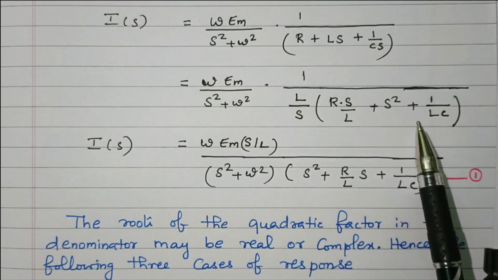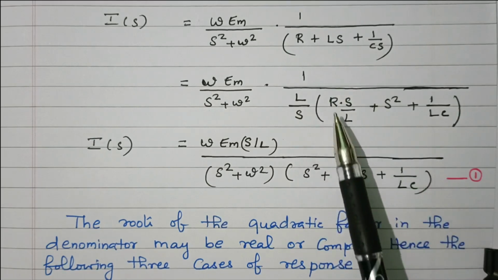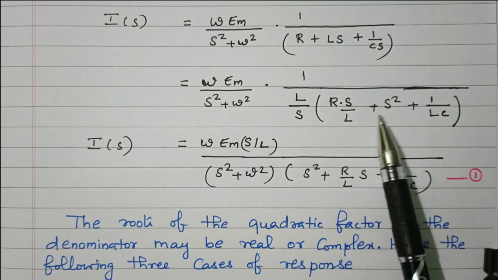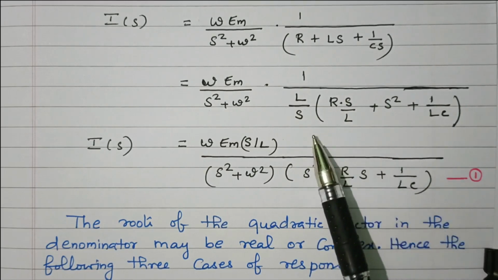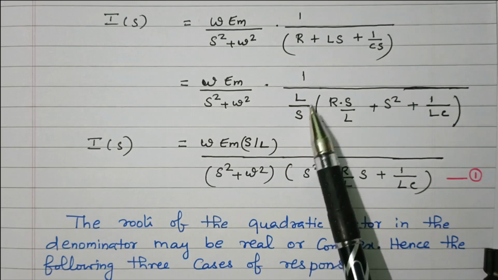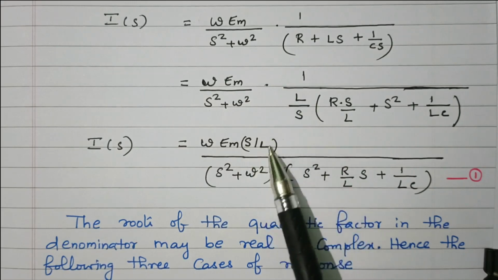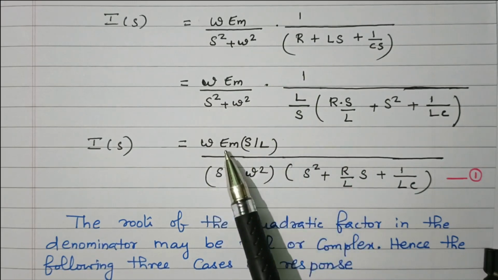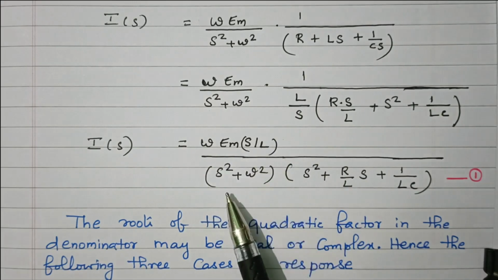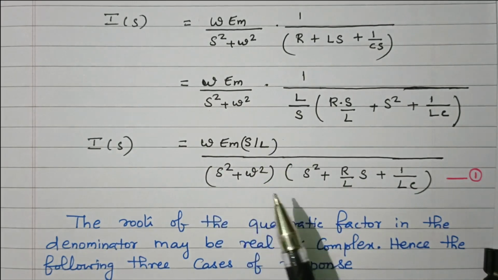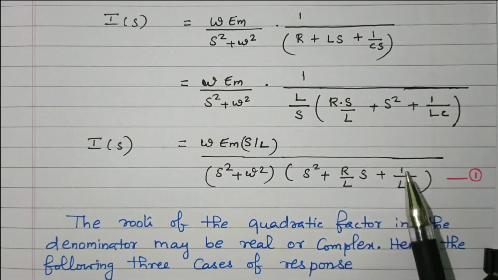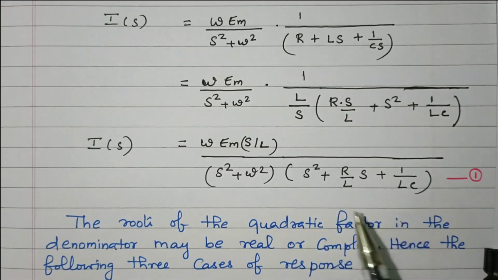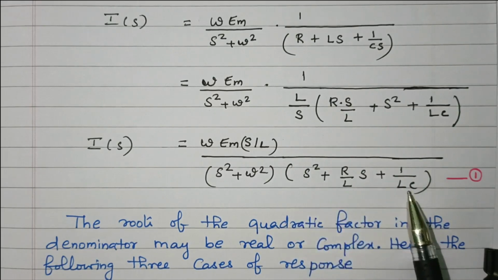If you multiply this inside, you will get the original terms: R into s by L plus s square plus 1 by LC. Rewriting, L by s going to the numerator becomes s by L. So I of s equals omega Em s by L divided by s square plus omega square, into s square plus R by L s plus 1 by LC. The second factor is nothing but a quadratic equation.